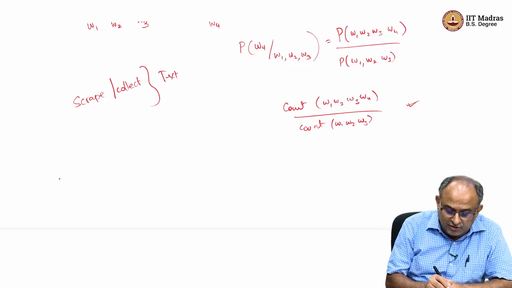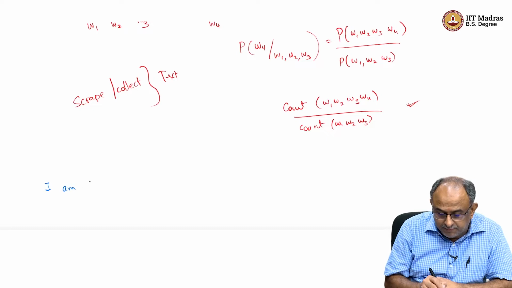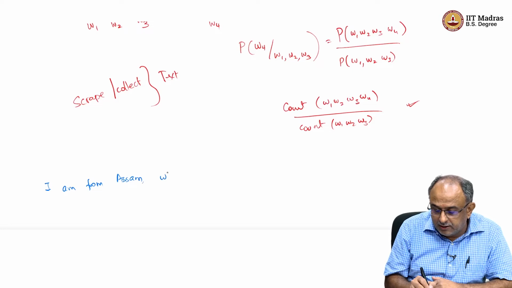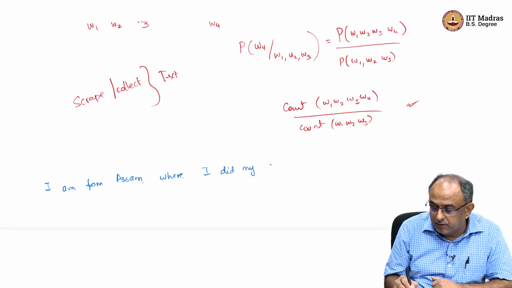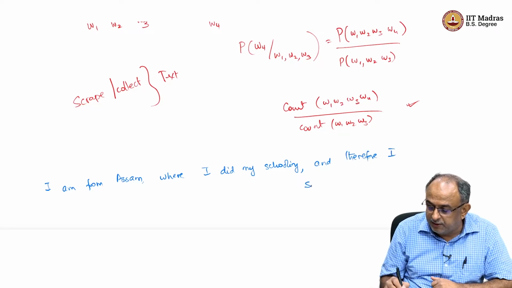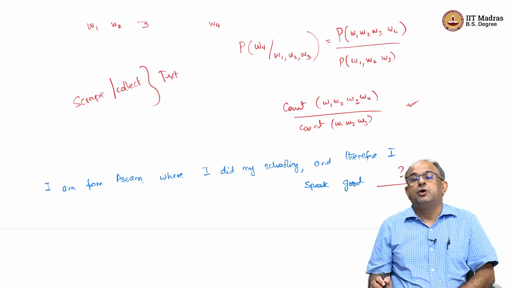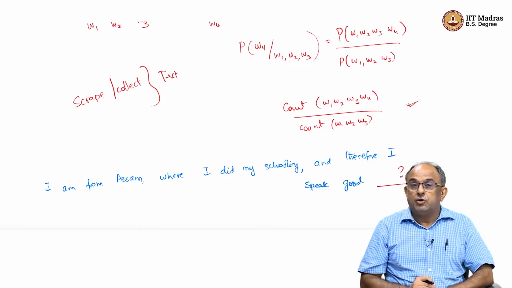So, for example, I give you the sentence: I am from Assam, where I did my schooling, and therefore, I speak good... And if I left a blank here, what will be your guess? Your guess will be Assamese.